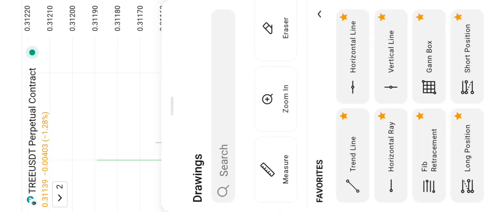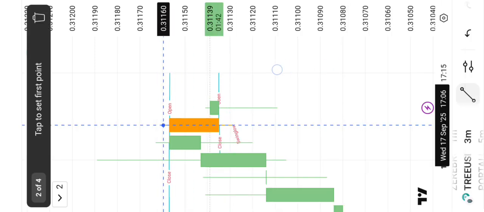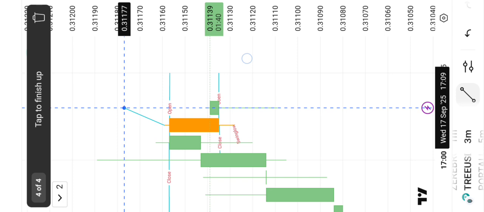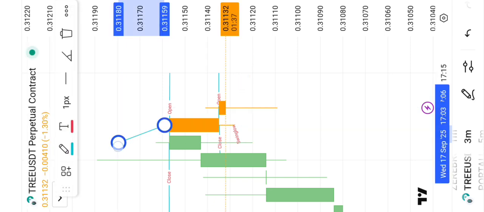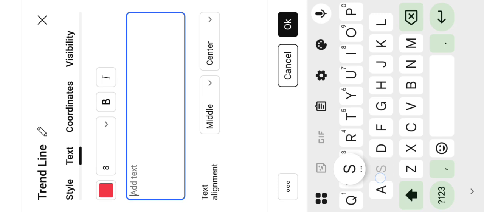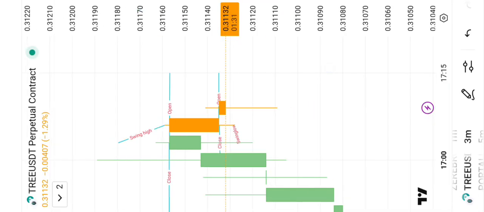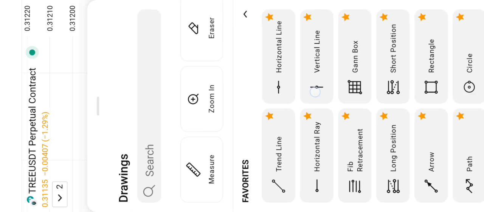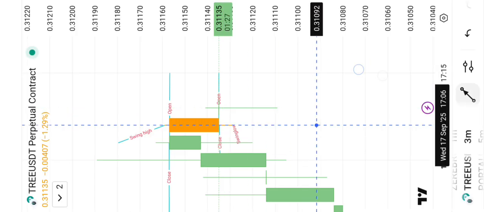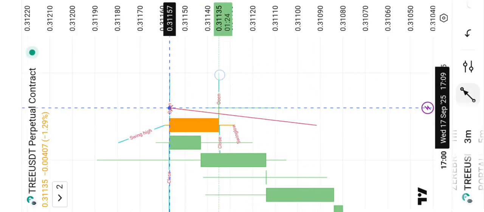And this is the swing high of the candle. This is the swing high of the candle. You can see that the candle closes. It opens here at the top, then closes at the bottom.